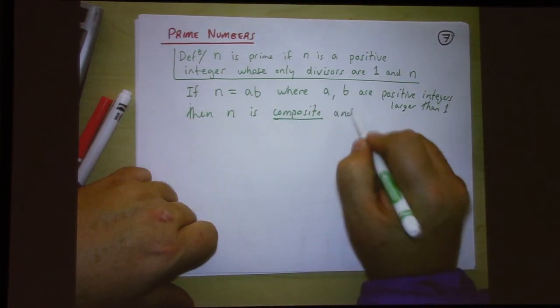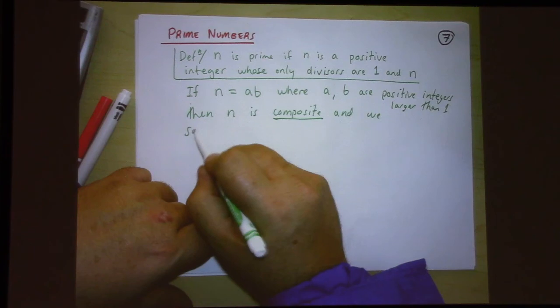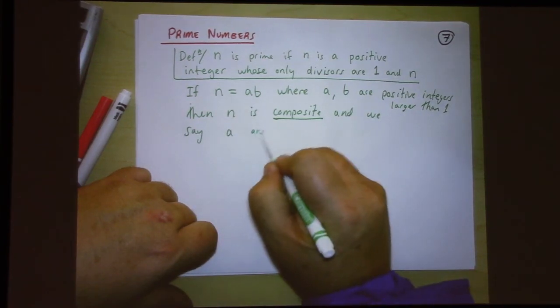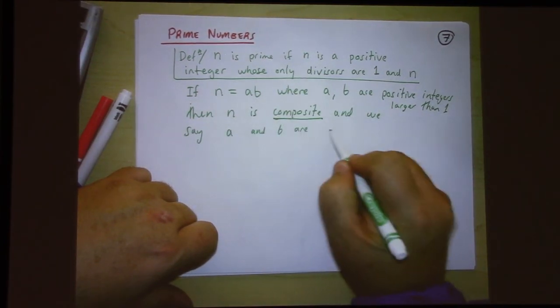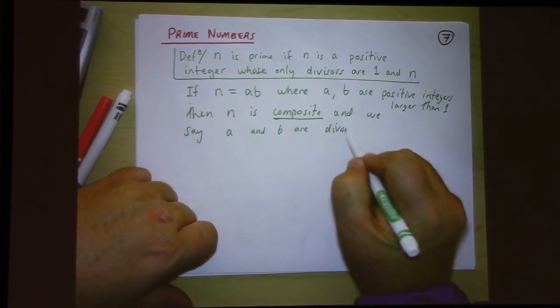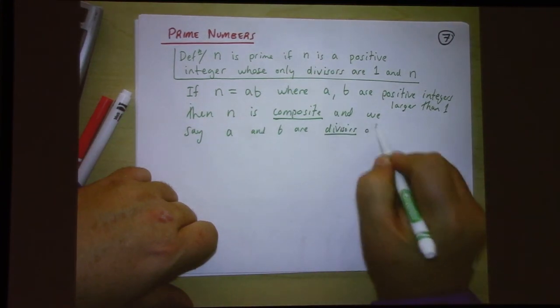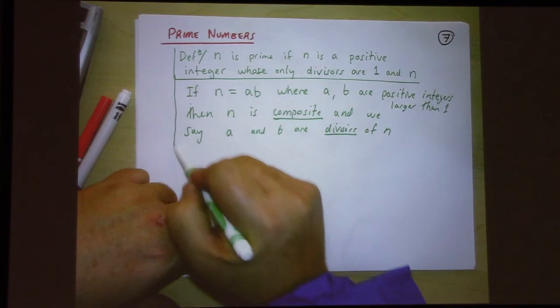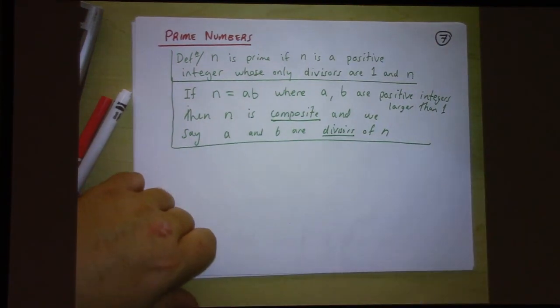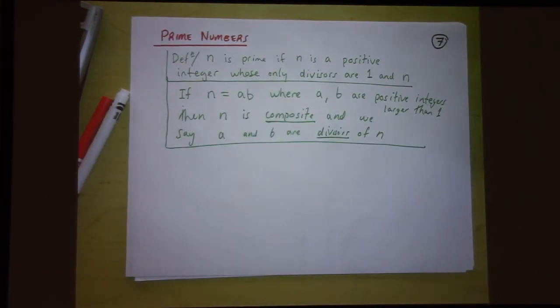And we say a and b are divisors of n. So any natural number, any whole number, we can break down into a product of prime powers, right?